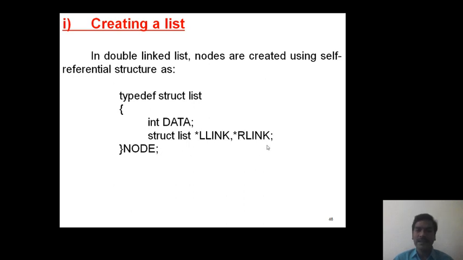Now this entire data type is referred with a new name as node. Initially elements are not available in the list. At this stage we set two pointer variables start and end at null pointer. For this, use the statement as node asterisk start equivalent to null, comma asterisk end equivalent to null.